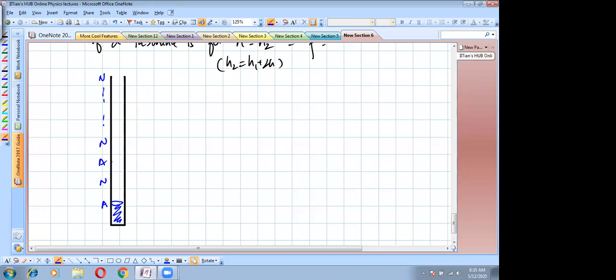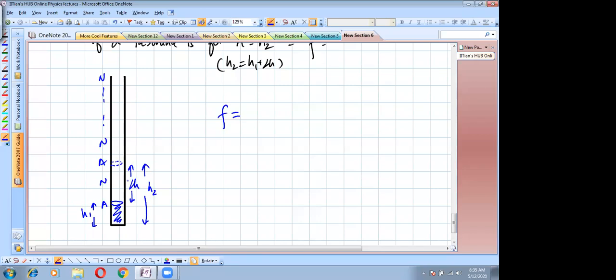Now from here, if we start increasing the water level, the next time we will get a resonant mode is when the water level reaches here. So this should be our delta H, and this level should become our H2, whereas this was at H1. So the next resonance will occur when the same frequency is giving us which mode of this thing.